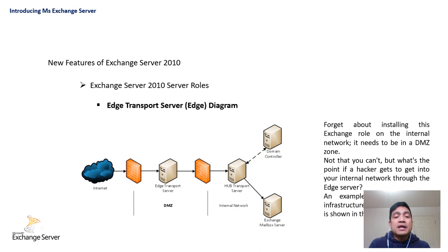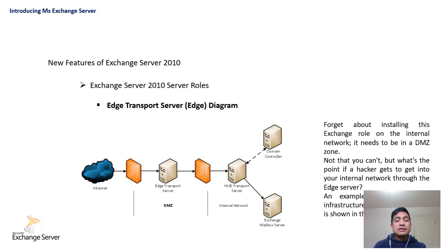From the diagram, you will see the setup where the edge transport server is in the middle of two firewalls. It means that the incoming emails will be filtered by the first firewall. So there is a firewall before the message is sent to the edge transport server, before being received by the recipient. After it reaches the edge transport server, it will again pass through a firewall.